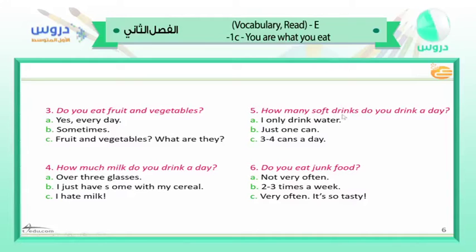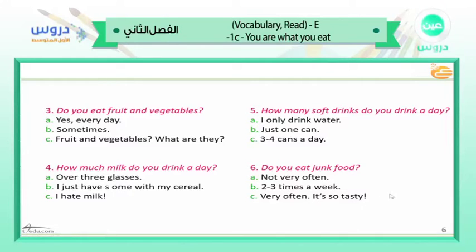How many soft drinks do you drink a day? A. I only drink water. B. Just 1 can. C. 3 to 4 cans a day. 6. Do you eat junk food? A. Not very often. B. 2 to 3 times a week. C. Very often. It's so tasty.